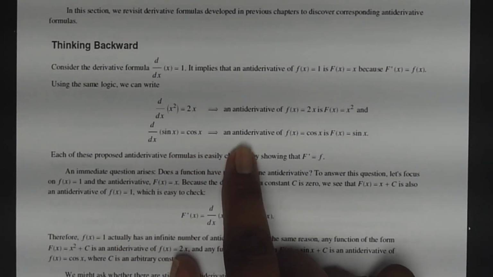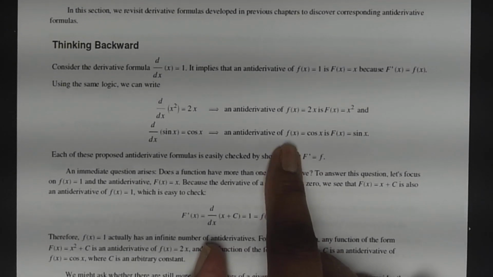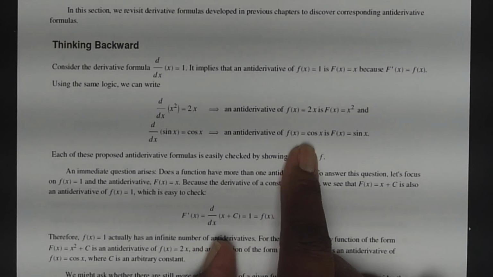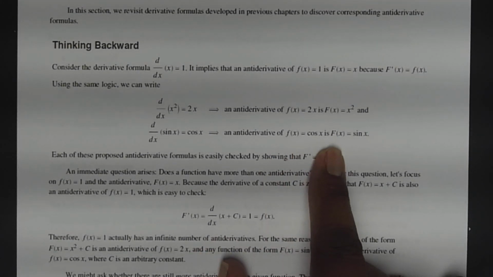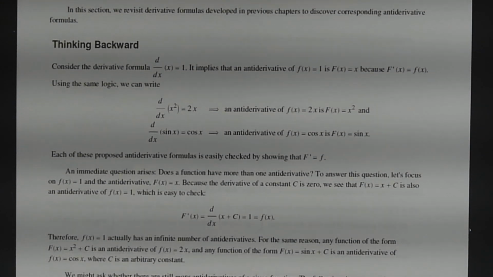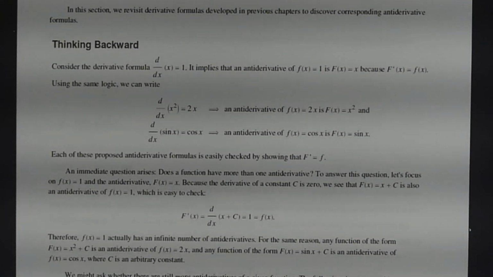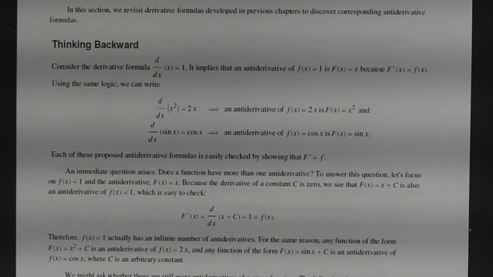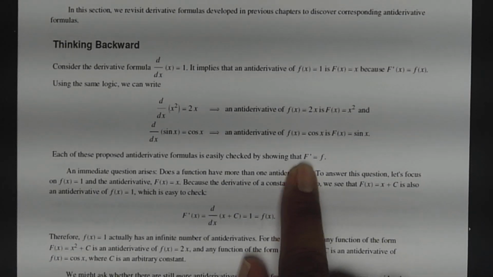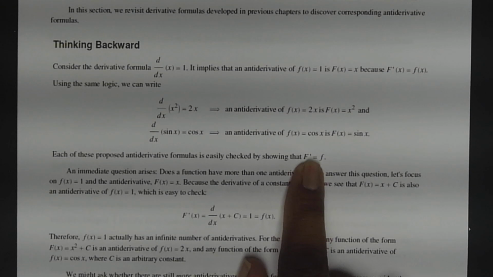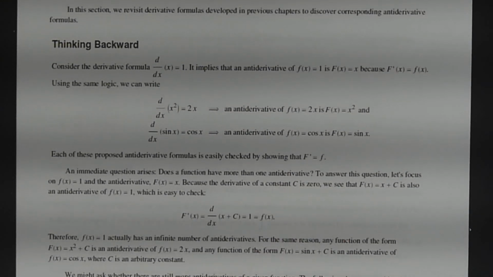That would mean the antiderivative of f of x equals cosine of x is capital F of x equals sine of x. Each of these proposed antiderivative formulas is easily checked by showing that capital F prime is equal to f.